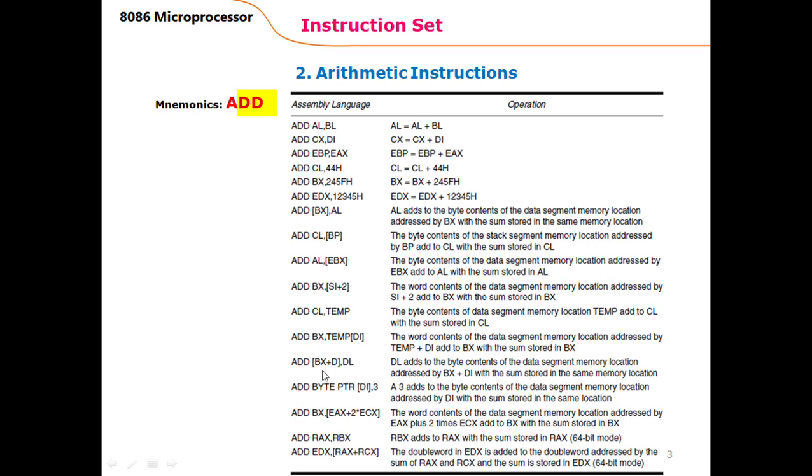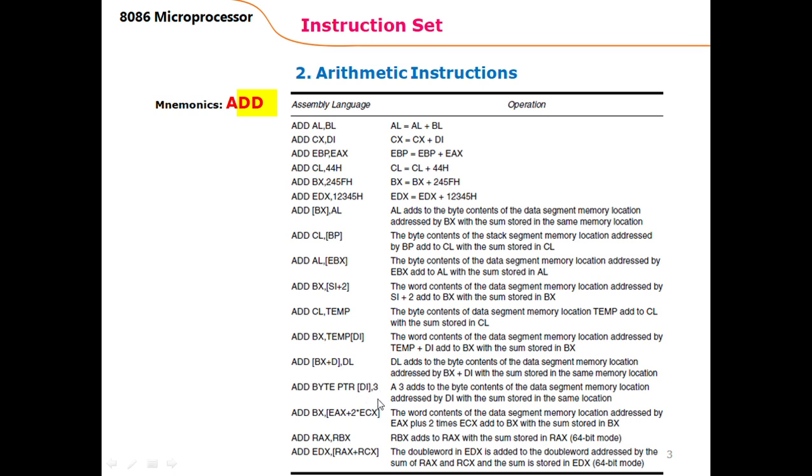And here two registers are used, base register plus index register, which is the destination index here, DI. So the 8-bit content in the DL register is added with the 8-bit content in the data segment memory location addressed by BX plus DI, and the result is stored back into the same memory location.